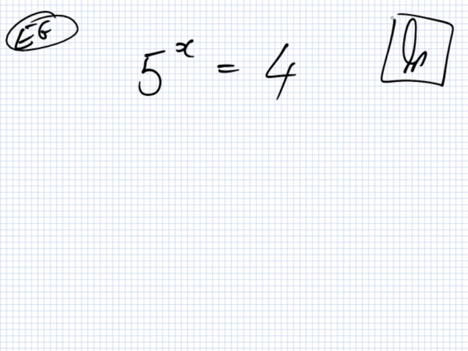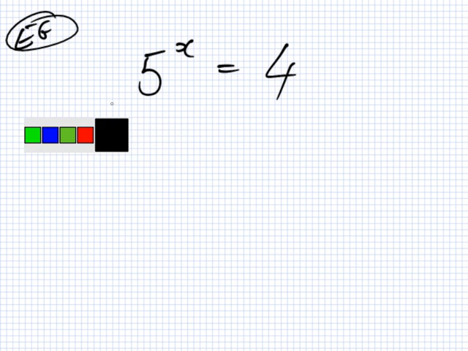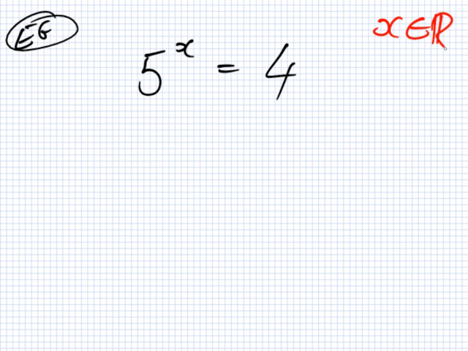Everybody does. So what you can do here is you can put log on both sides. Now before I start, let me just say that x can be any real number. Okay. So you have log on the left, log on the right. So here I can use the fourth rule of powers.